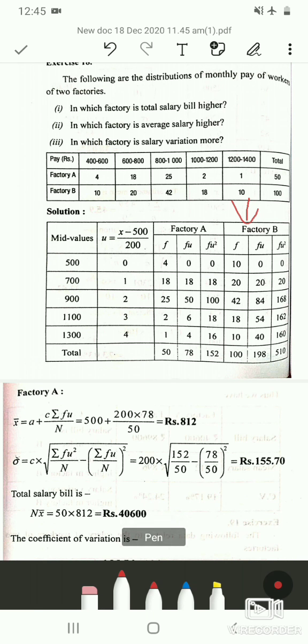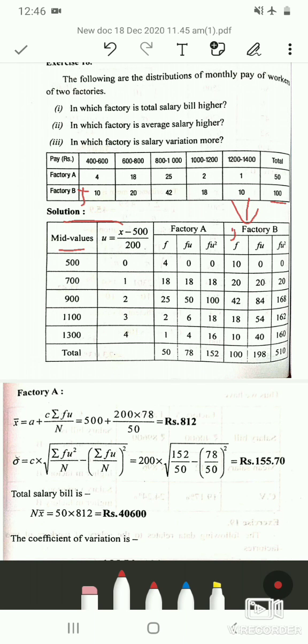So similarly for factory B, you calculate f, fu and fu square. These two remain the same for both factory A and factory B, because these are based on the class. So for factory B, the f values are 10, 20, 42, 18 and 10, and capital N is 100.